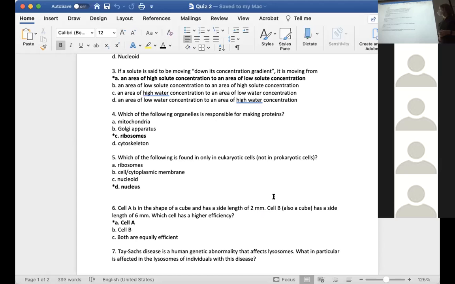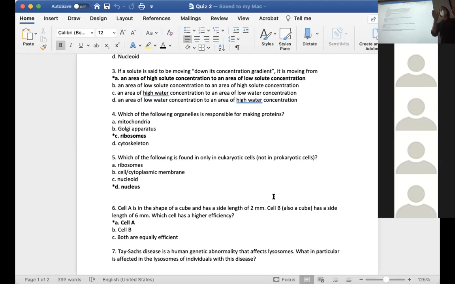Which of the following organelles is responsible for making proteins? That's very straightforward. So ribosomes. Every time you see the word ribosome, think protein. Which of the following is found only in eukaryotic cells and not in prokaryotic cells? A nucleus. So make sure you look back at that slide that has prokaryotic cell versus eukaryotic cell.